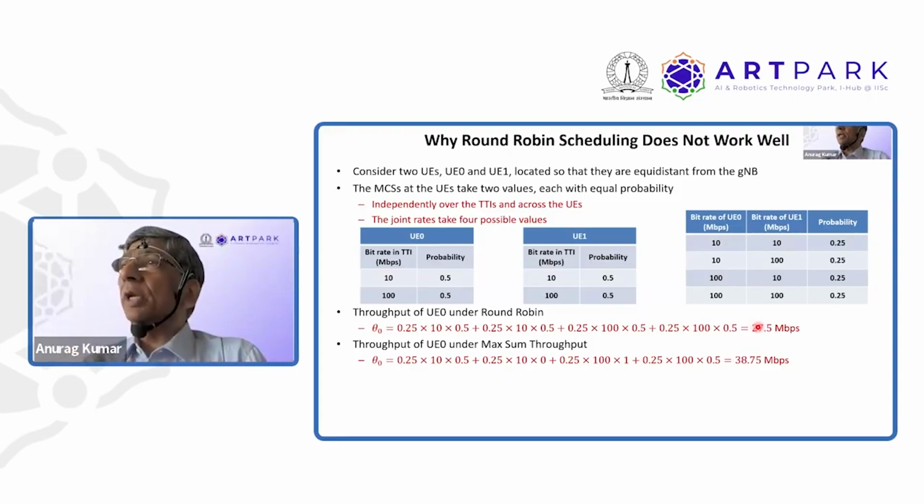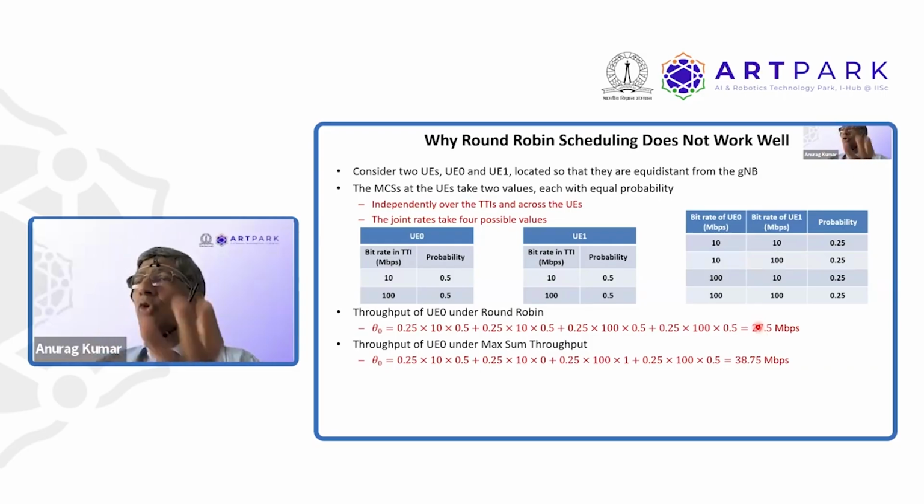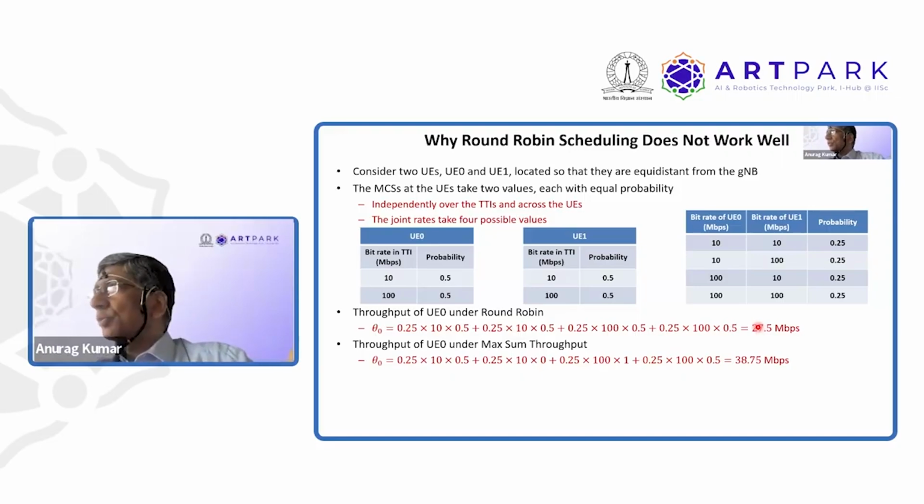So this is why the scheduling that I showed you earlier, maximum sum throughput scheduling, proportional fair scheduling, are called opportunistic scheduling. They don't just toss a coin across the UEs, they take an opportunity when they get it. They see that this UE is getting a good channel, this UE is getting a bad throughput.